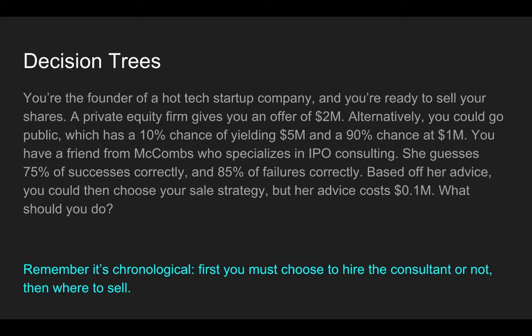That's F bar given S bar in probability notation. Right? Because if she's going to guess 85% of failures correctly, it means you're only looking at the failures, so given failure, what's the probability she predicts it correctly. So what's the probability of forecasting failure given it will fail? That's 0.85.